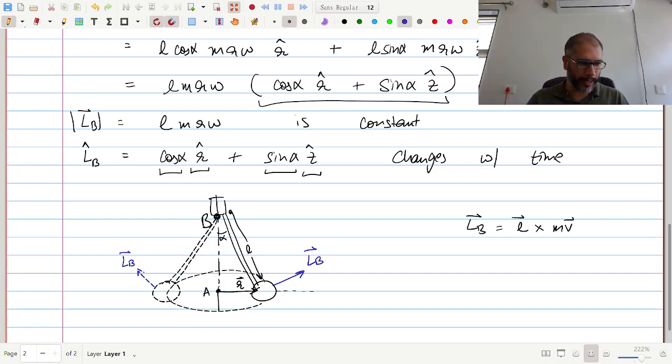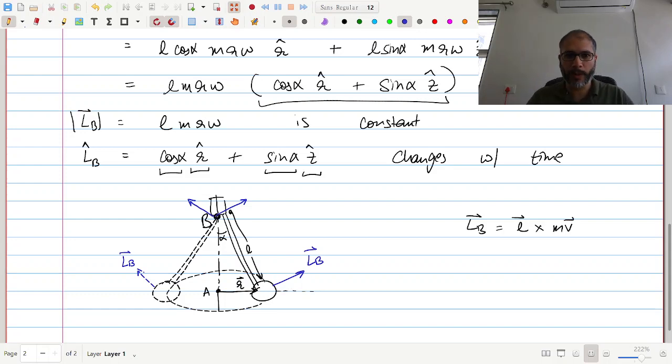So we can see that the vector LB is changing, and the easiest way to see that change is to draw all these LB at the same point, because it's a vector, so we can draw it starting from any point. Let's draw it from the point B, that is easier. In one case it looks like this, in the other case it looks like this.